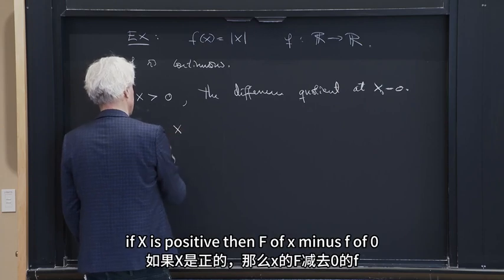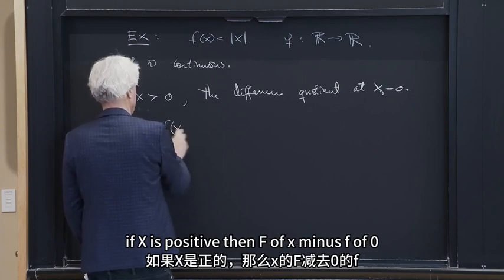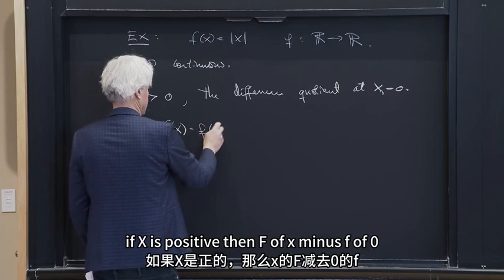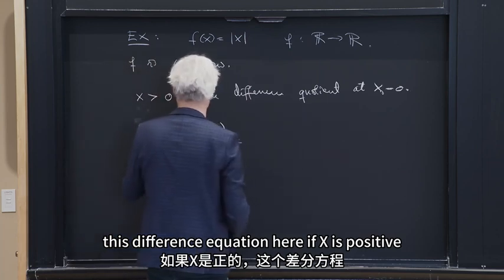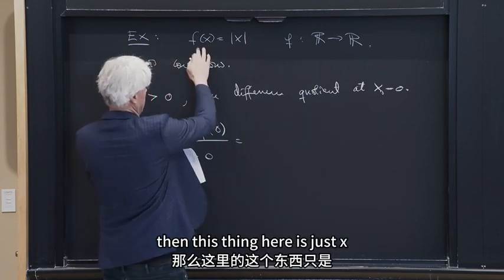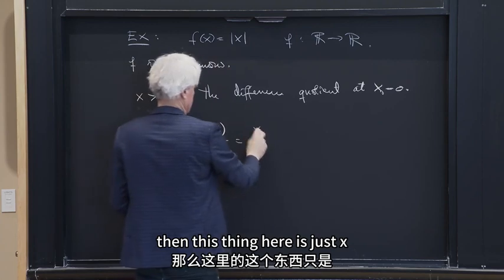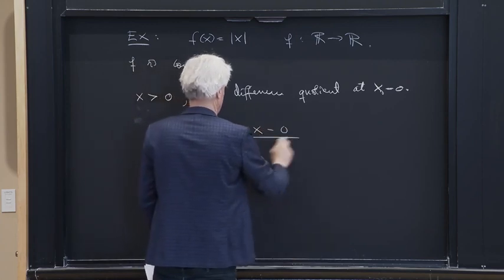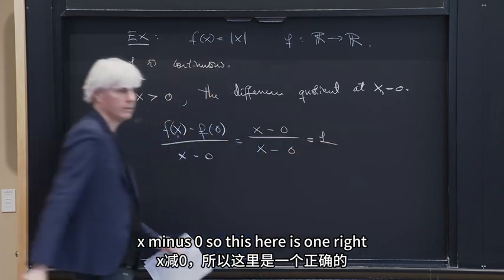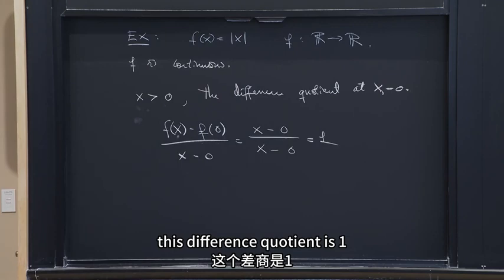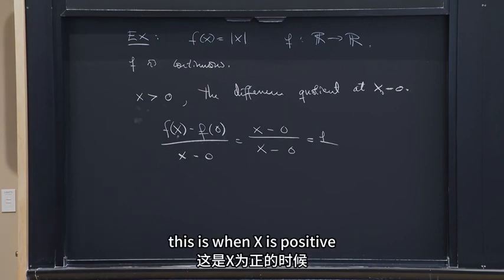If x is positive, then f of x minus f of 0 over x minus 0, this difference quotient here, if x is positive, then this thing here is just x. So this is x minus 0 over x minus 0. So this here is 1, right? This difference quotient is 1. This is when x is positive.